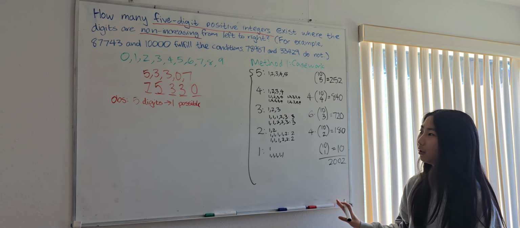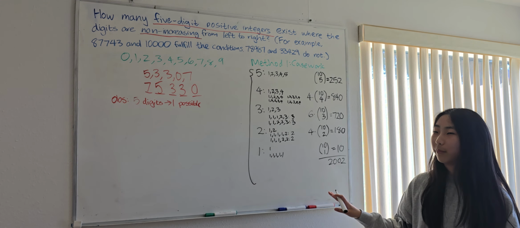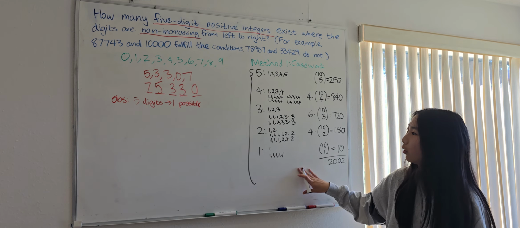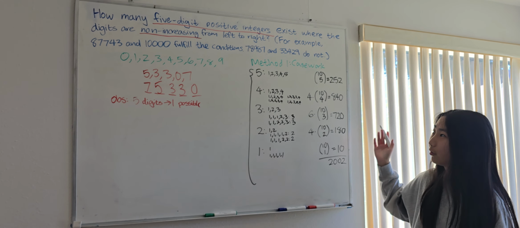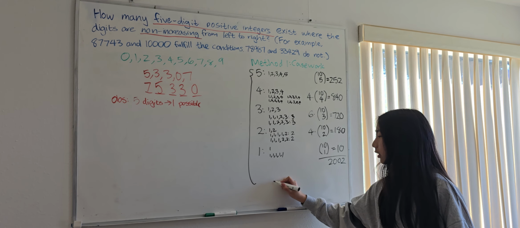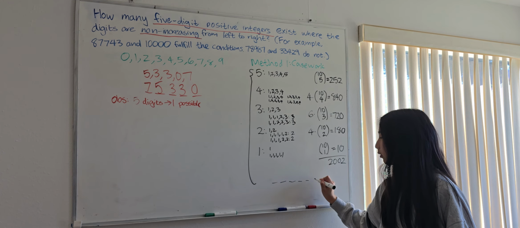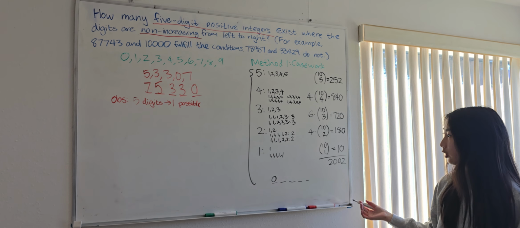However, there's actually a bit of a problem with this because we accidentally included some things that we shouldn't have. One of the common issues that come with these sorts of problems is accidentally including a case where the first digit is 0. If the first digit is 0, then we don't actually end up with a 5-digit positive integer.